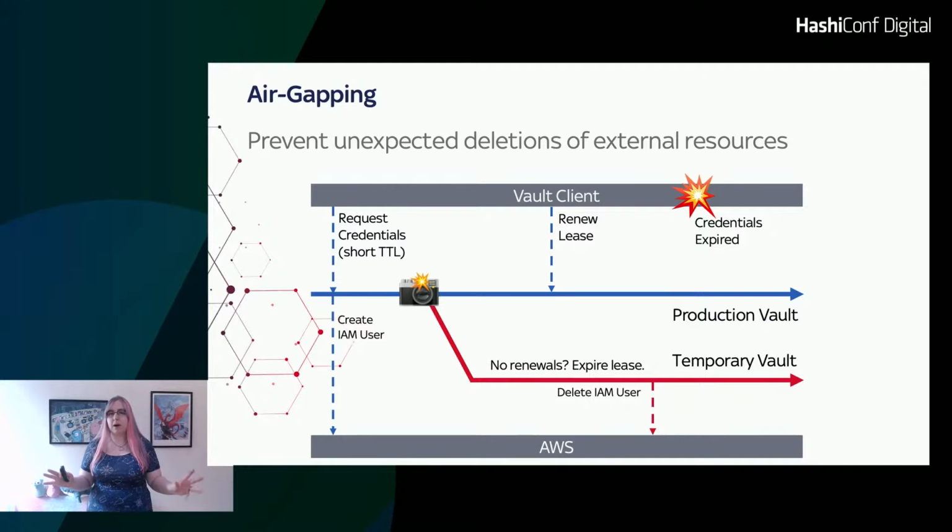And so when that lease expires, it will attempt to delete that IAM user, and then those credentials are no longer valid. And this is something that we didn't even consider could be an issue until quite a while after we'd done this. So thankfully, we didn't actually have any issues like this as far as we're aware, but it's definitely something we need to pay attention to next time.